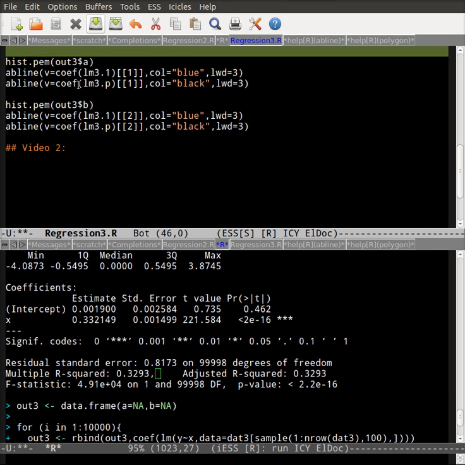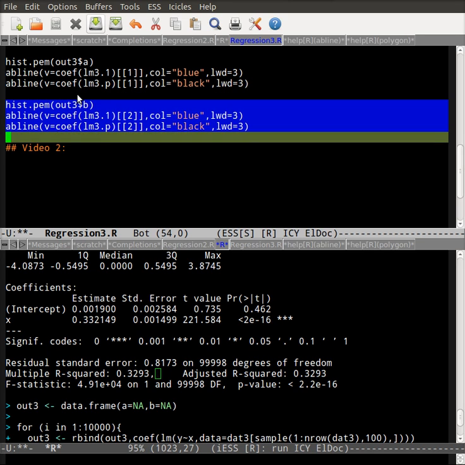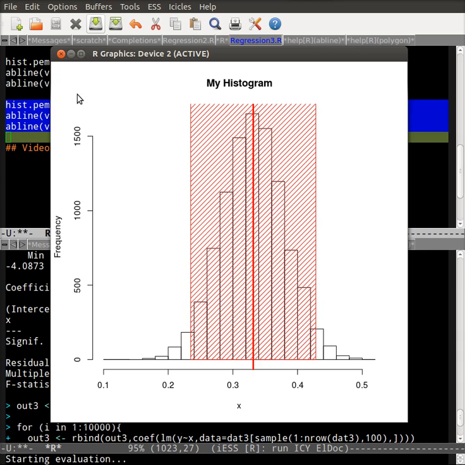This is what the histogram looks like for the B value. For the intercept, it was right next to and slightly below the population parameter. Here, our B is slightly above it, but well within the range of 2 standard errors of the population parameter.